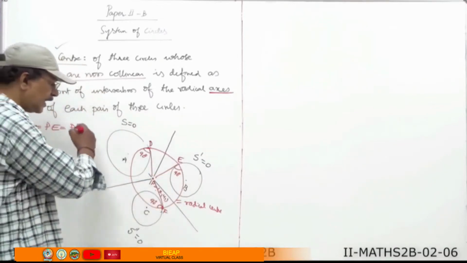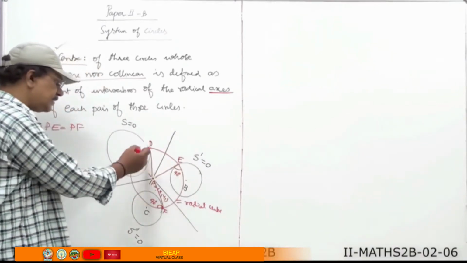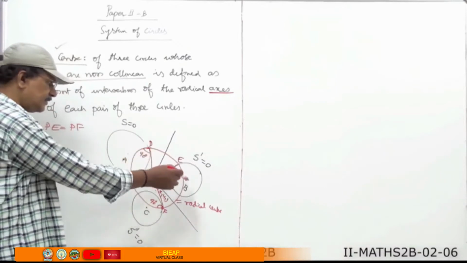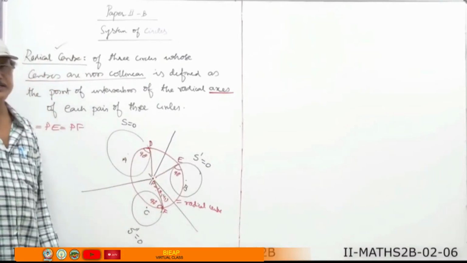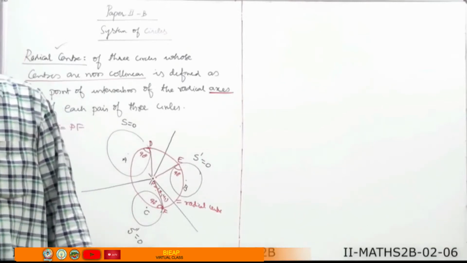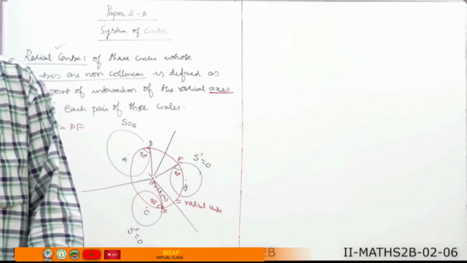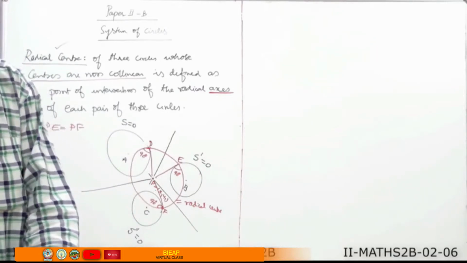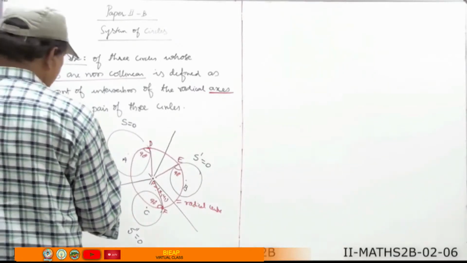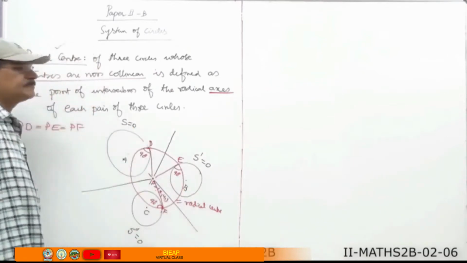Therefore, after finding the radical center, I am taking the lengths of the tangents from the radical center to the three circles. These three lengths are equal. Then we are drawing a circle with center as radical center and the radius as the length of the tangent. Then this new circle cuts the given three circles orthogonally.